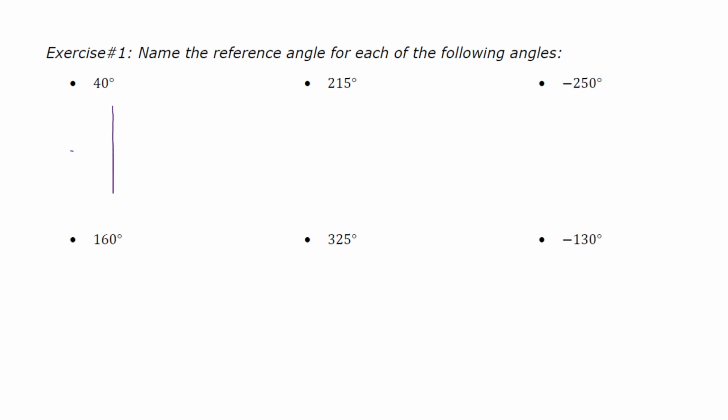My 40-degree angle is going to land in the first quadrant. Knowing that my reference angle is always positive, always between 0 and 90 degrees, and represents the acute angle formed from the terminal side to the x-axis, my reference angle would be 40 degrees.